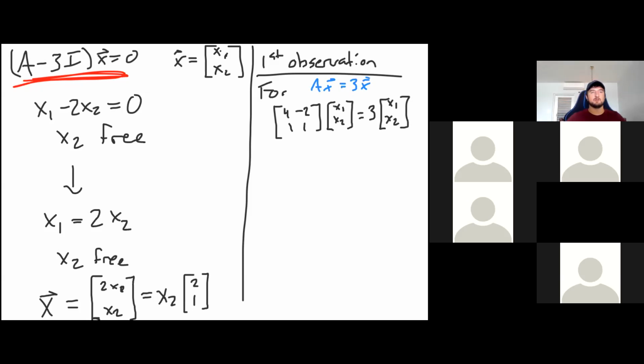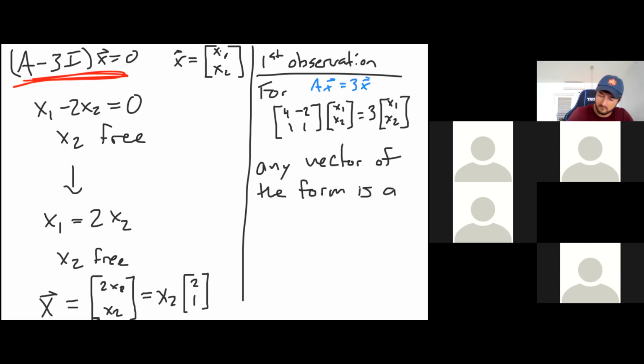But for that equation, any vector of the form, some constant, I'm just going to go back to C for constant, times 2, 1 is a solution.